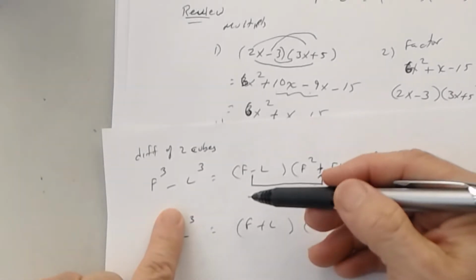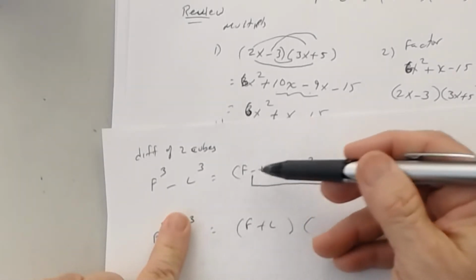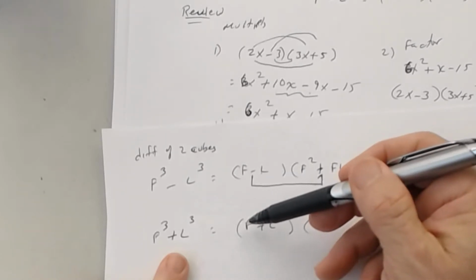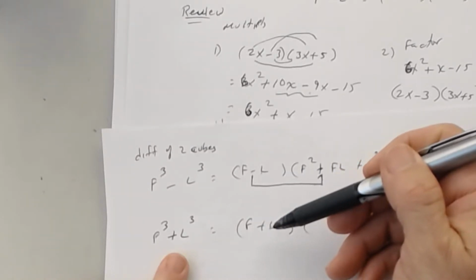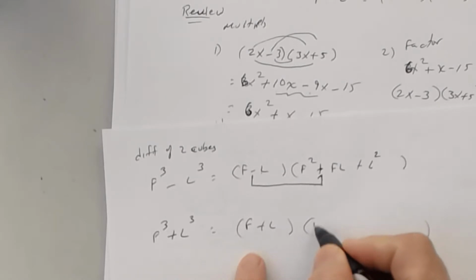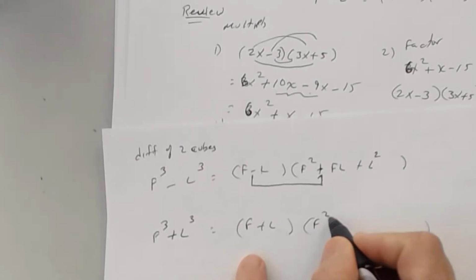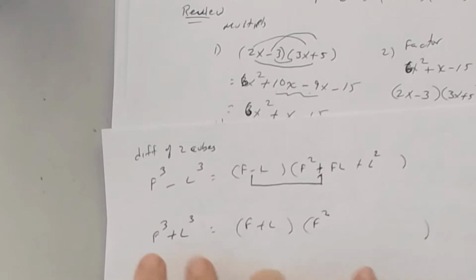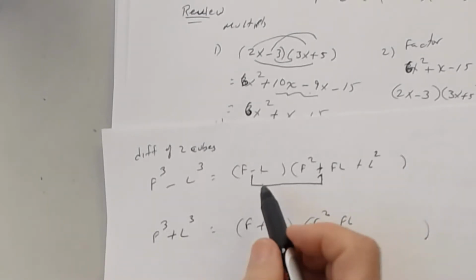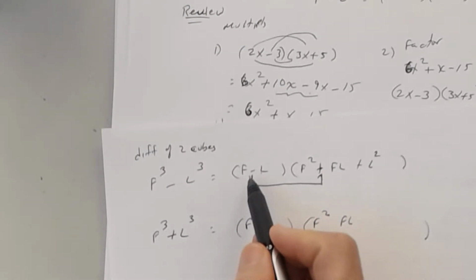So difference of two cubes, my binomial is F minus L. Sum of two cubes, my binomial is F plus L. Okay? The trinomial, almost everything's the same except for one thing. So the first term is still going to be F squared. The middle term is still going to be F times L. But here's the difference. See right here where I said when we looked at the difference of two cubes and my binomial was F minus L?